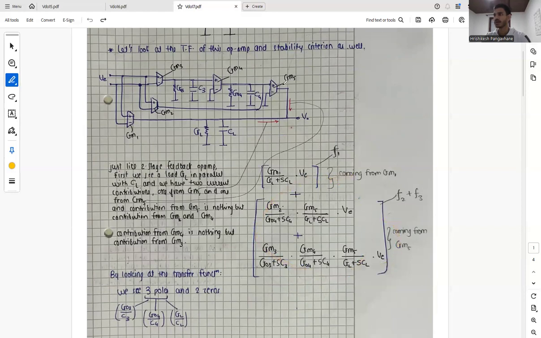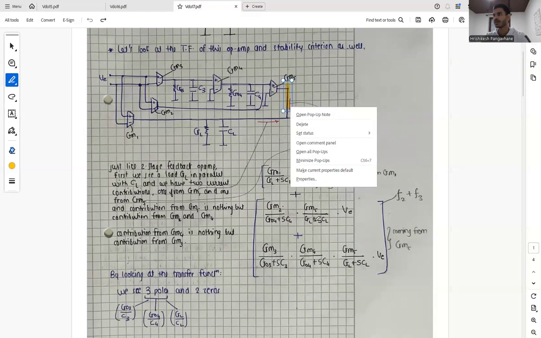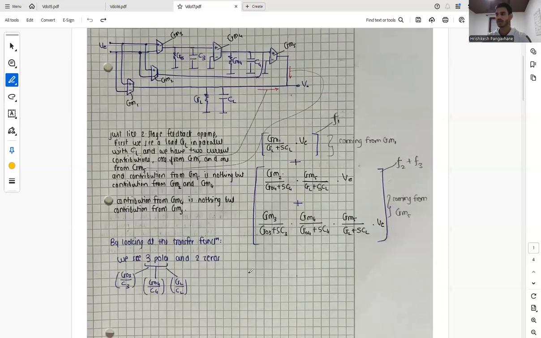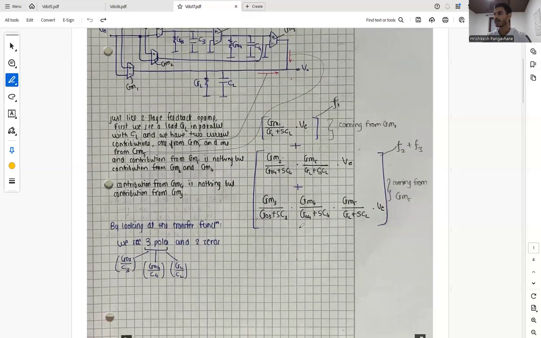Basically, this is our whole transfer function, and this part is coming from GM1 and this part is coming from GM5. Let's divide our transfer function into three different parts, F1, F2, and F3, just for the sake of simplicity. By looking at this transfer function, we see three poles and two zeros.